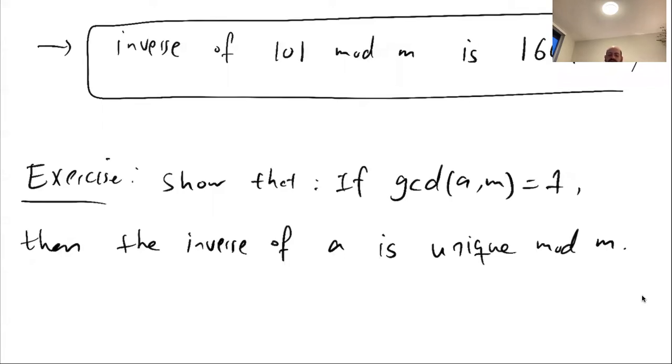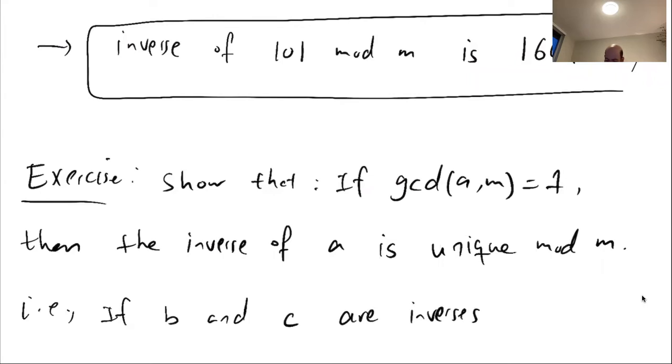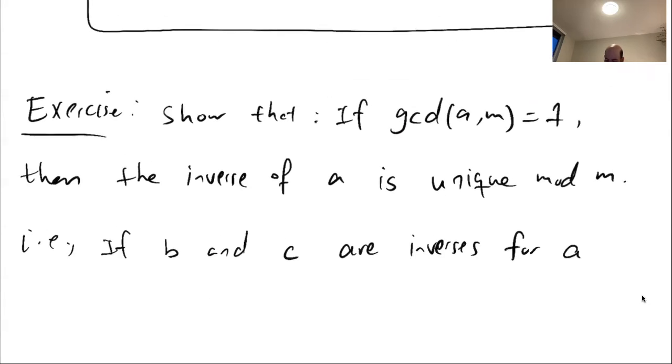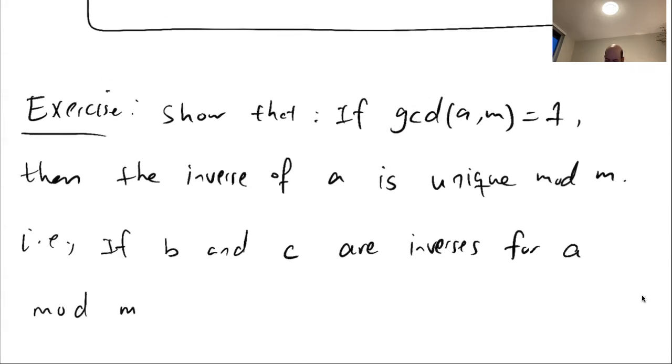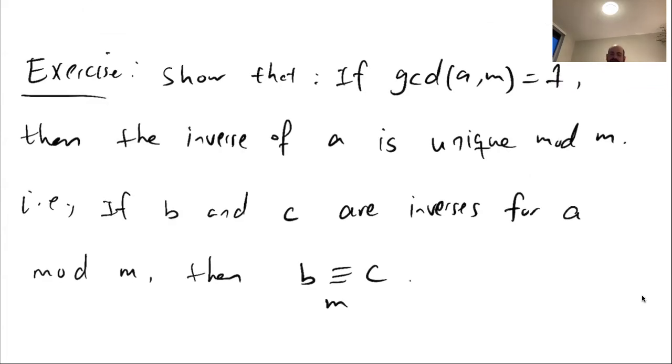Now you want to show that the inverse exists, which we already proved, and is unique mod M. What is the meaning of unique mod M? Unique mod M, i.e., if let's say B and C are inverses for A mod M, then B and C are congruent mod M. So if I say that the inverse is unique, it means whenever you have 2 inverses, then those 2 inverses must be equal.